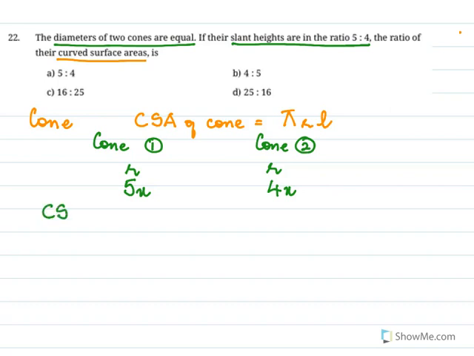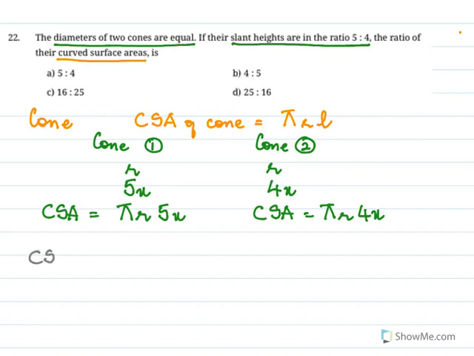So the CSA of this will be pi R L, that is pi R, and the L is 5x. Here the CSA will be pi R and the L is 4x. We need to find the ratio.